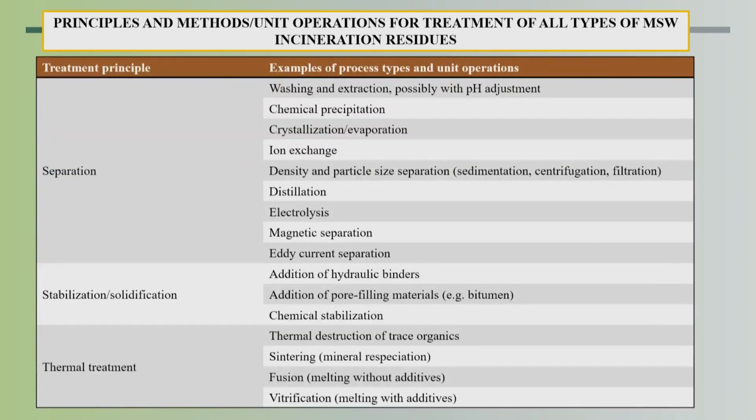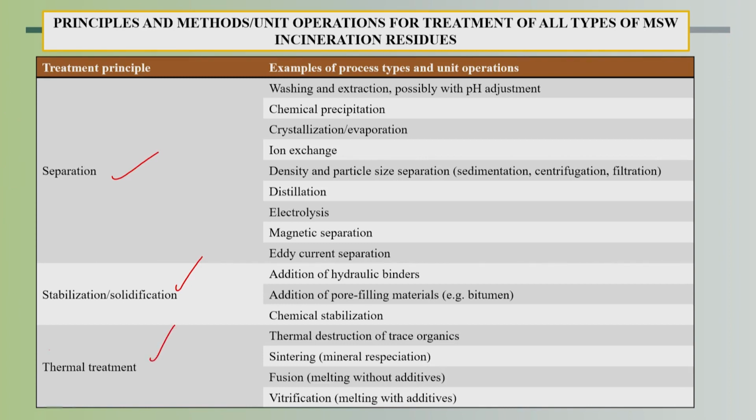Now, principles and methods or unit operations for treatment of all types of MSW incineration residues. These are the three major principles we talked about: separation, stabilization or solidification, thermal treatment.